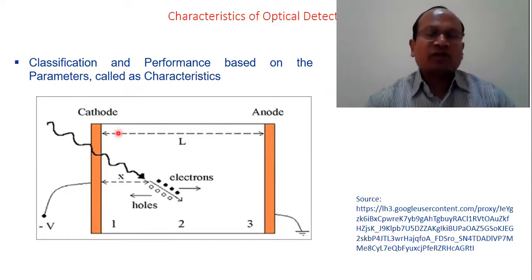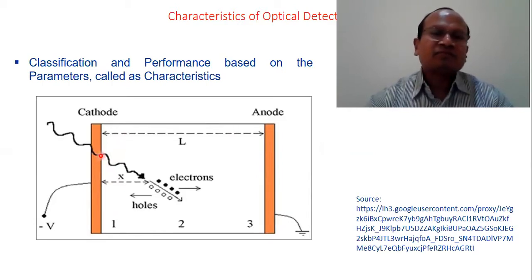So we know that in any optical detector, this is just the optical detector. How does it work? It's just an explanation. You see here that this is the area where light is incident, and this incident light then excites the carriers, and those electrons which are emitted from the cathode are attracted by the anode, and those electrons then flow through the circuit and constitute an electrical current.